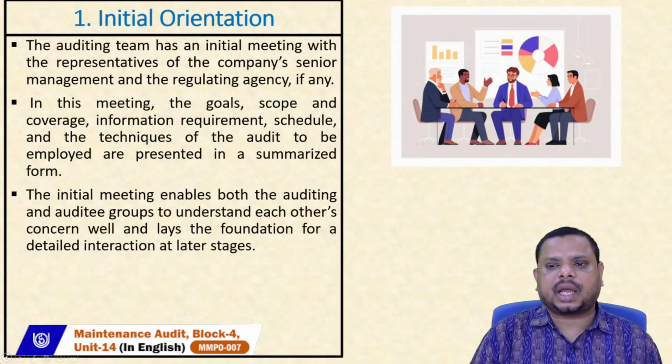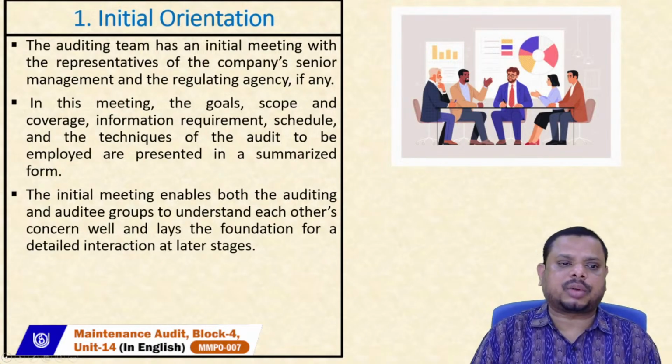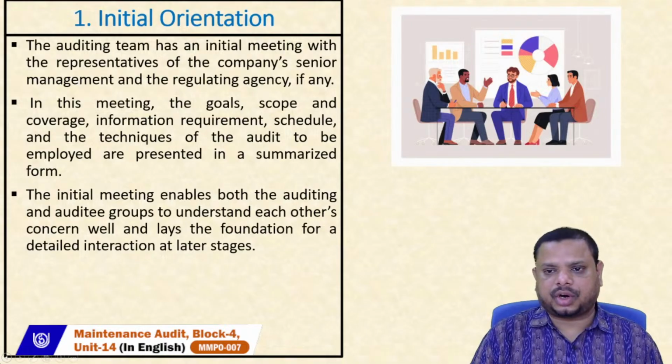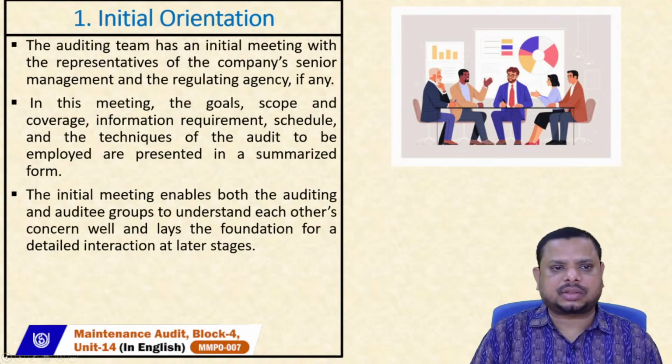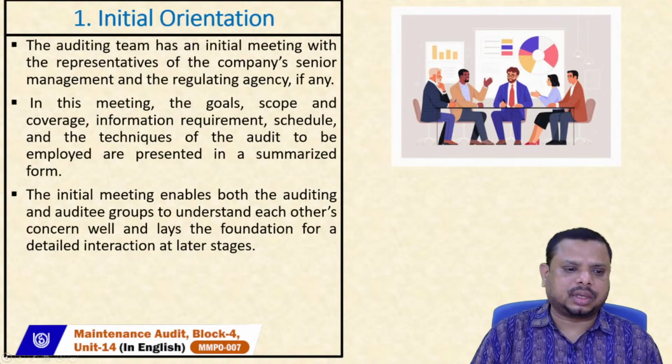These are the criteria, and they should be clearly defined to the top level of management. The next important part is that the initial meeting enables both the auditing and auditee groups to understand each other better. This is the foundation layer of your entire maintenance audit.